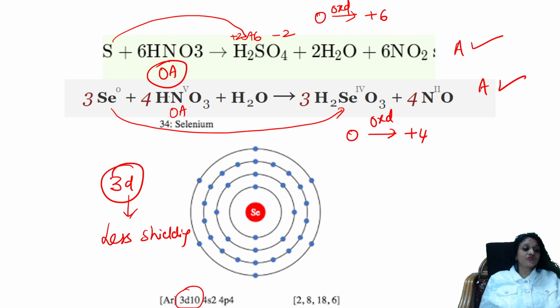So because of this poor shielding effect, the outer electrons are more strongly pulled by the nucleus. That's the reason I said both the reason as well as the assertion are related to each other. It is pulling the electrons inside, so the loss is not going on easily in that.